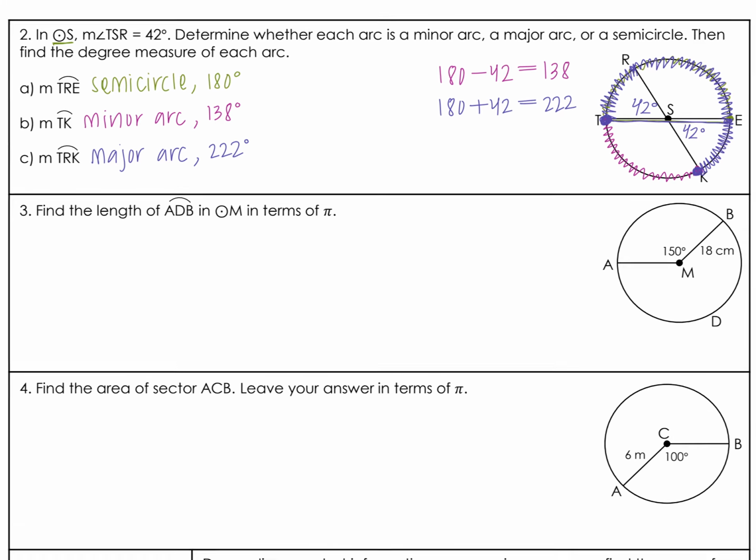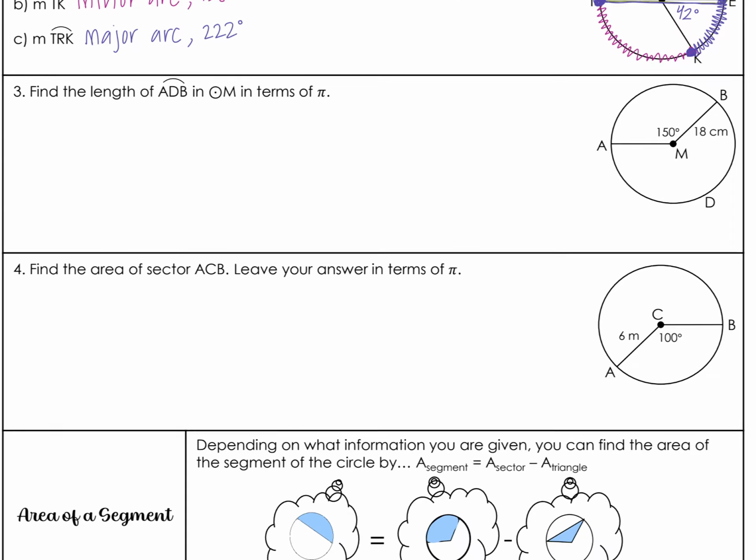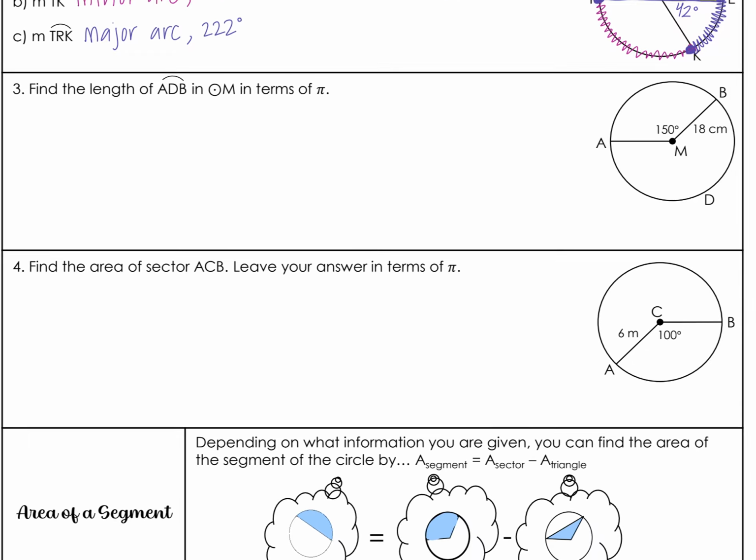All right, now moving into our next one, number 3. They are asking us to find the length of our arc ADB in circle M in terms of pi. Okay, so I'm going to start here at A, then go towards D, and then B. Okay, so right off the bat, I notice here that they are giving me 150 degrees for the minor arc.